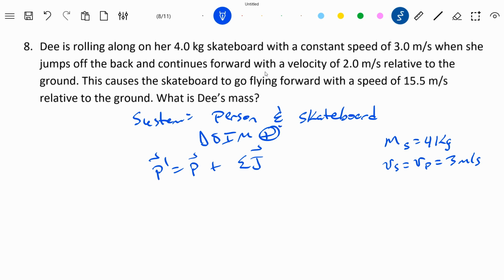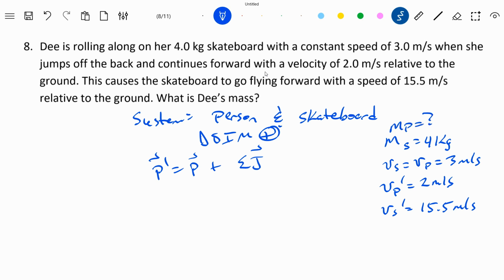Then she jumps off the back and continues moving forward. Okay, so still positive. So the velocity of the person after jumping off is 2 meters per second. This caused the skateboard to go flying with the speed of that. So the velocity of the skateboard after, 15.5 meters per second. What is the mass of the person? So mass of the person is the unknown.